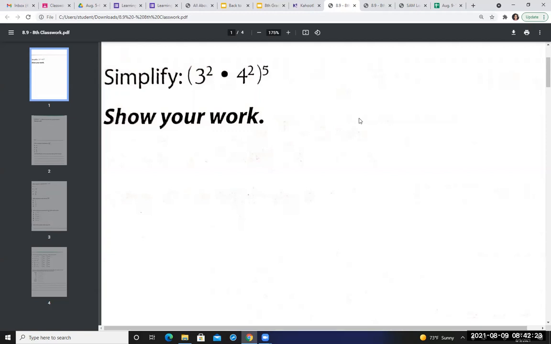Three to the second power times 4 to the second power, and then to the fifth power. Does anybody spot any rule so far? It's 2 in this problem. 3.